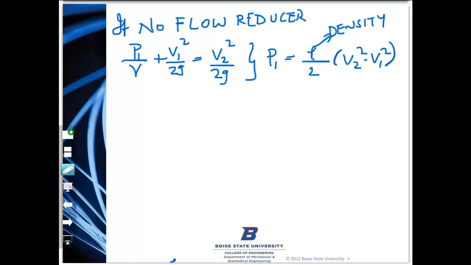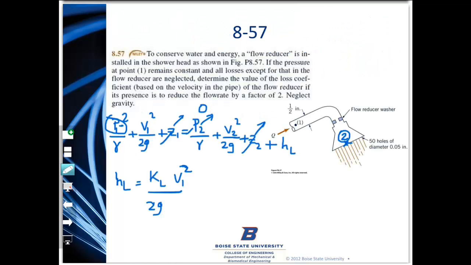Okay, so you have that, and then you can write your V1 as Q over A1, right? And you know the diameter of the shower head there, so you can put in the numbers and you'll get something like that. And then similarly V2, which is this guy here, you see that there are 50 holes of diameter 0.05 inch.